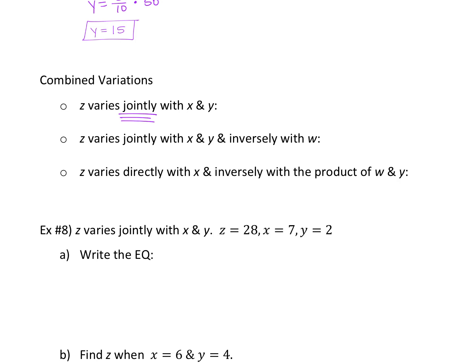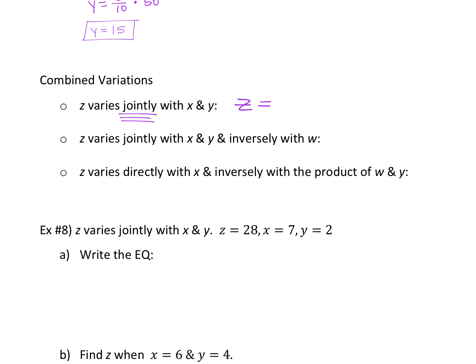So combined variations. This first one says z varies jointly with x and y. Okay, when you see jointly, you need to think direct variation. Okay, jointly, like working together directly. So this would be z varies, okay, is always going to be your equal.